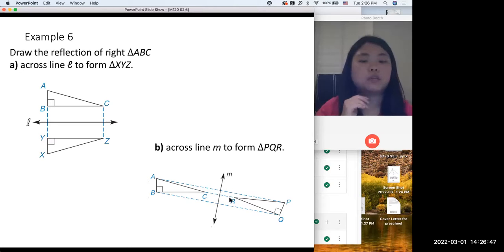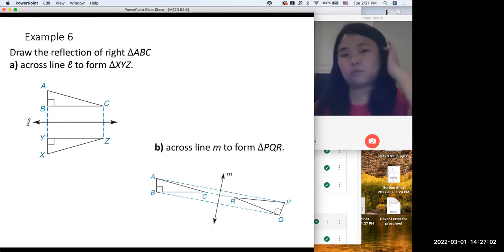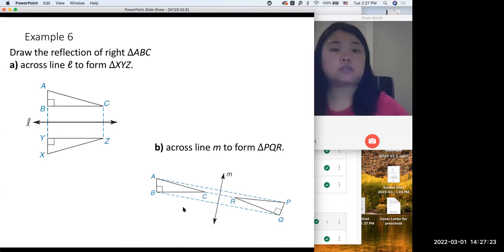You could imagine putting the mirror here. Okay, put the mirror on the line here, so you're going to see the image like that way. Okay, done.